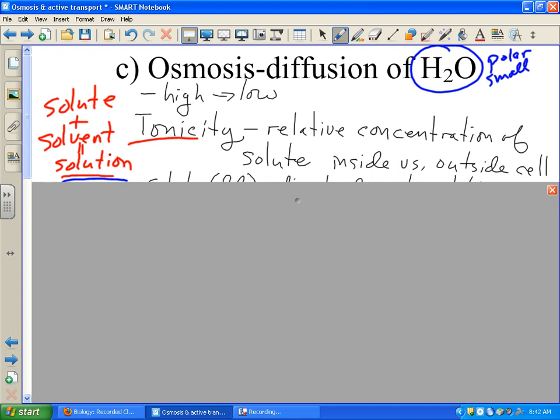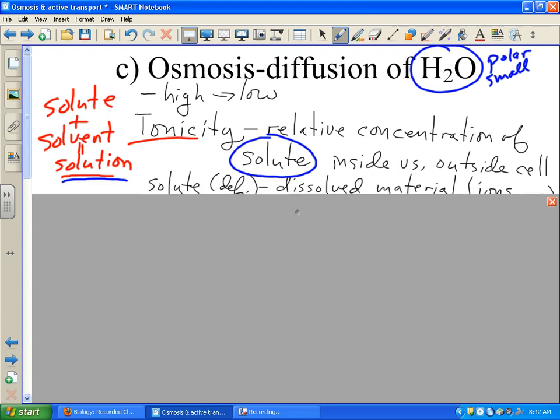This is kind of a new word maybe for you, but basically all it is the relative concentration, how much of something we have, of solute, and we'll talk about that word here in a second, inside versus outside the cell. So how much of something we have inside versus outside the cell is called its tonicity.